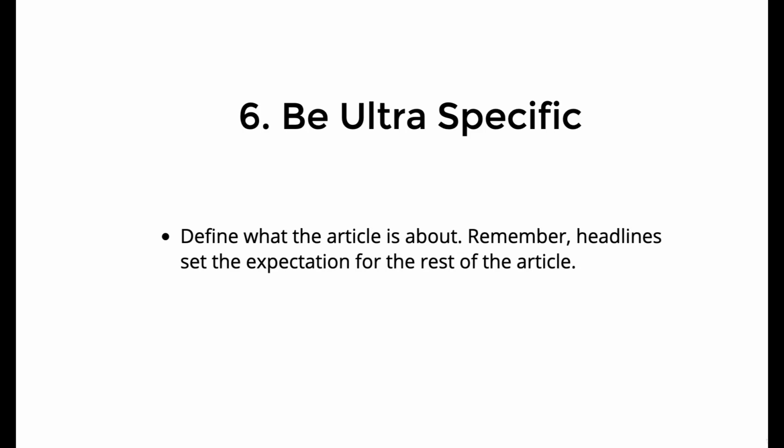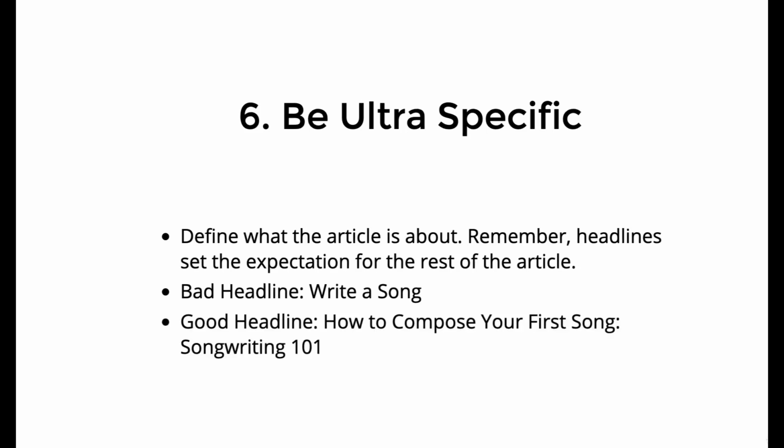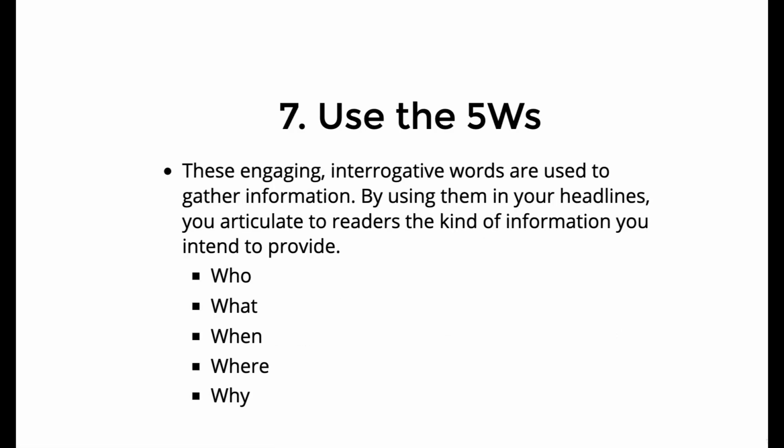Okay, so try to be really quite clear about what it is and sum it up in a simple idea. So a bad headline, for example, would be just Songwriting, or a good headline would be, you know, how to compose yourself a song. It's like composing a song. Okay, so songwriting with a clear outcome: compose your first song.